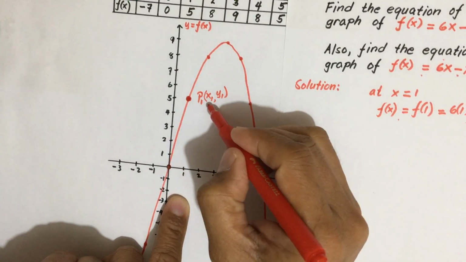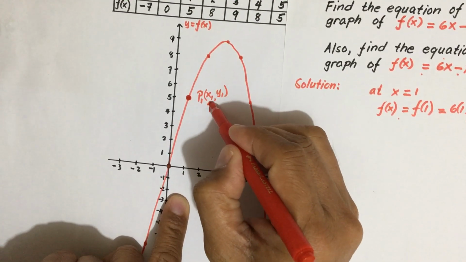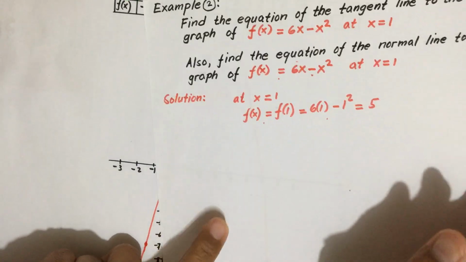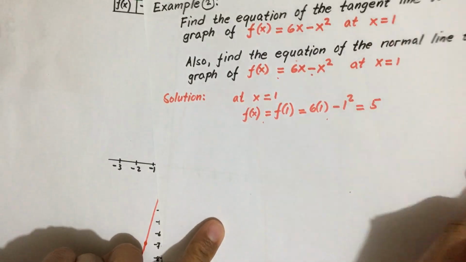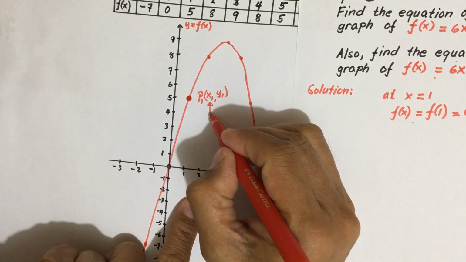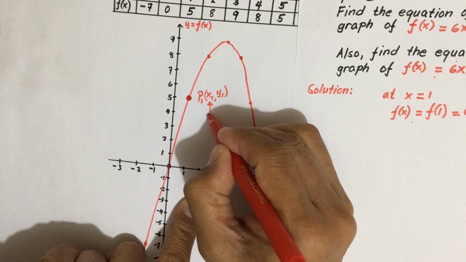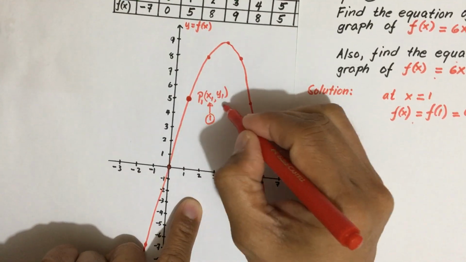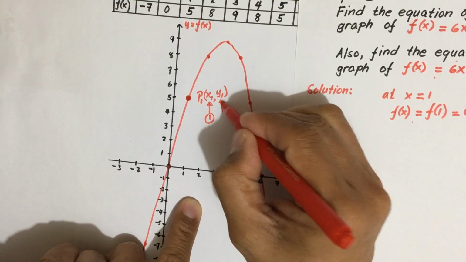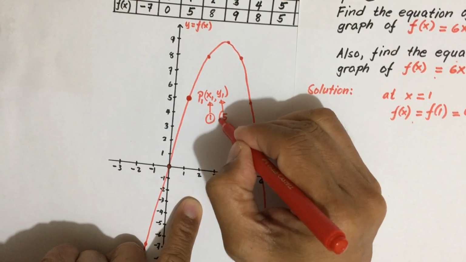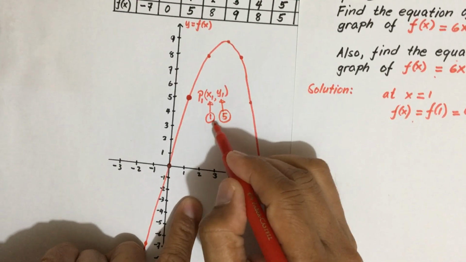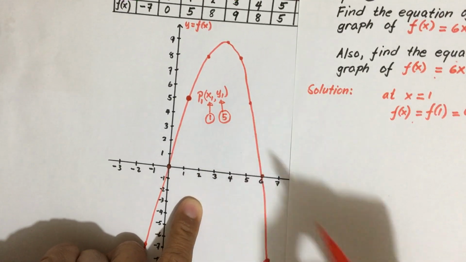Our x1, the given x, is equal to 1, and our y1 at this point is equal to 5. We will be using this later on.